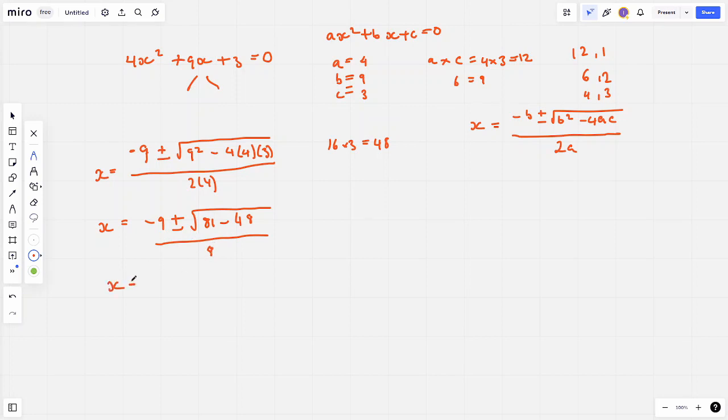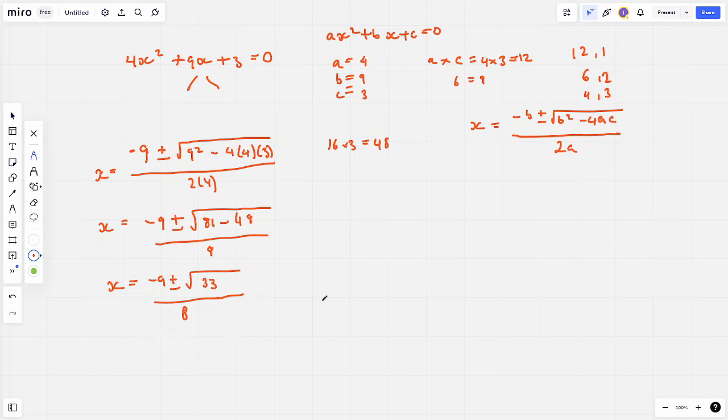So we've got x equals minus 9 plus minus the square root of 81 minus 48, which is positive 33, divided by 8. Now we can't simplify that more, so what we can do is plug that straight into the calculator.